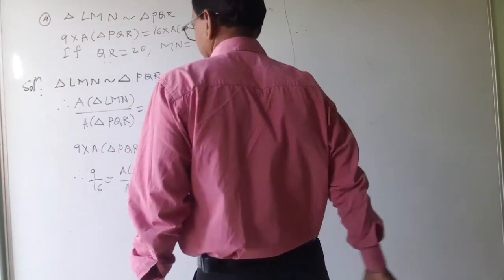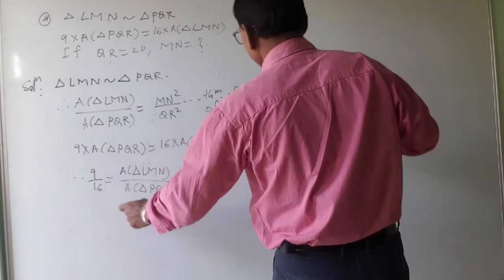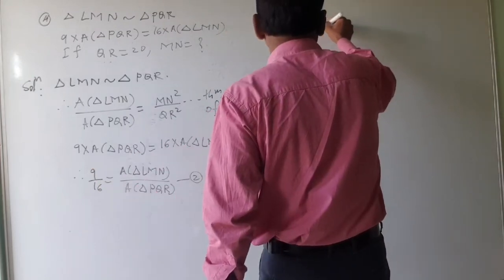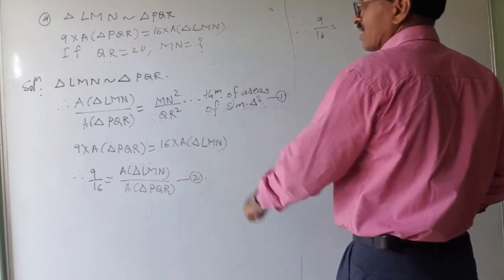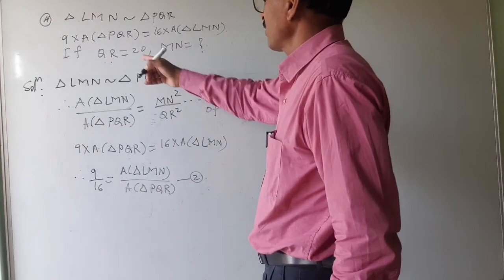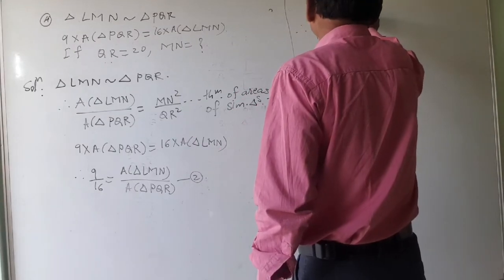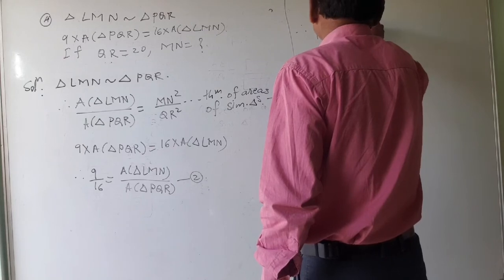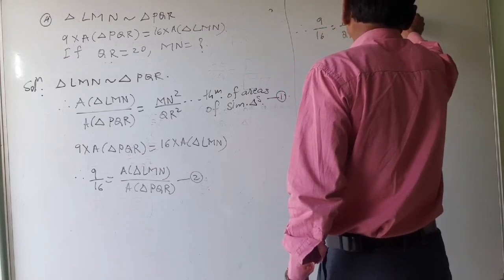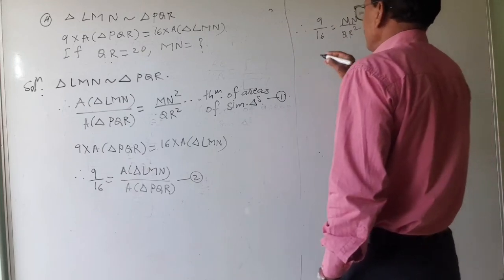Therefore, from 1 what I can do is 9 upon 16 is equal to MN square upon QR square. Out of that, QR is 20. That value I can put. So MN square upon QR square, from 1 and 2. Now put the value.